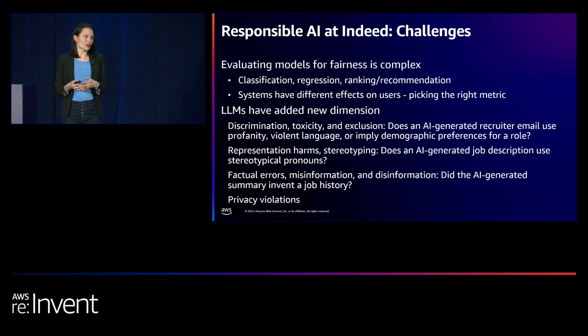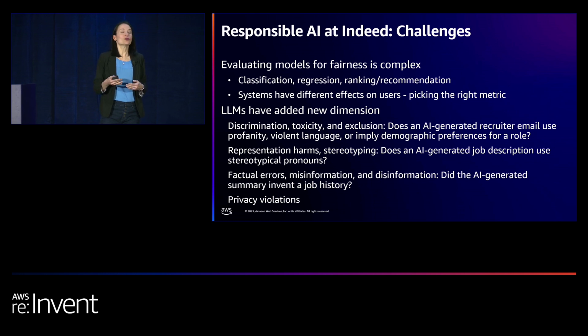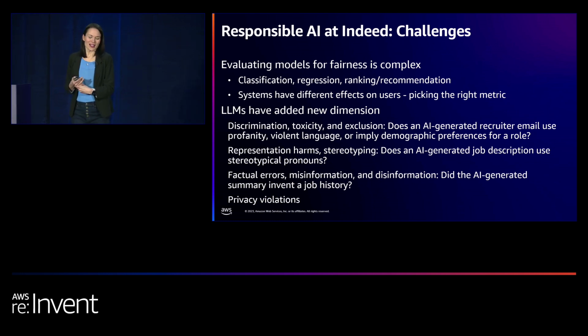And then you also have to consider the impact that a product has on a user. So for example, if you've ever gotten an email in your inbox that's inviting you to apply to a job, I think most of you probably have had that experience, that's generally considered a positive intervention. So we'd want to make sure that our selection rate for that, for example, might look the same across different demographic groups.